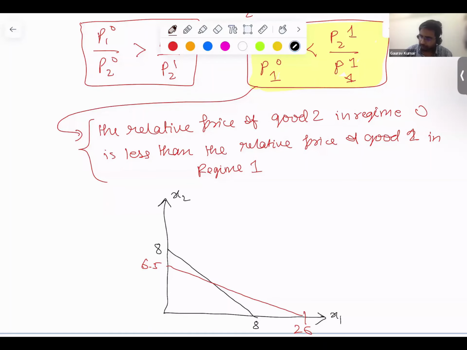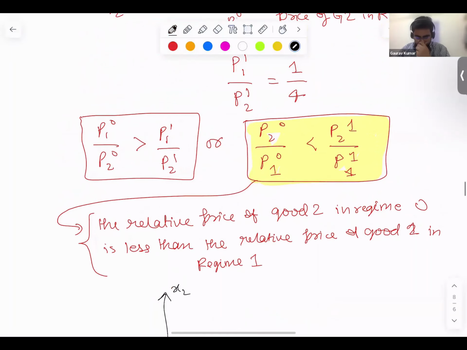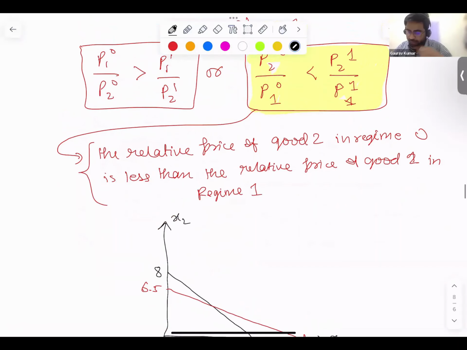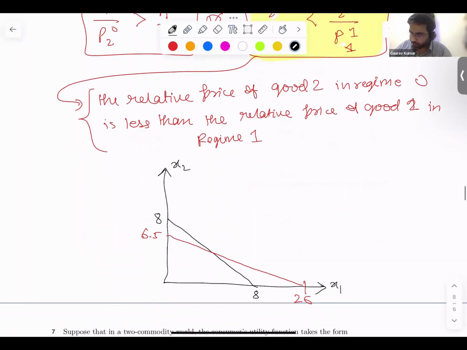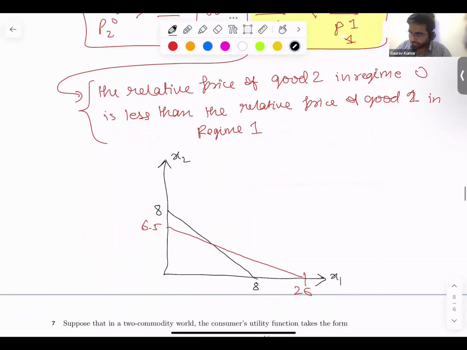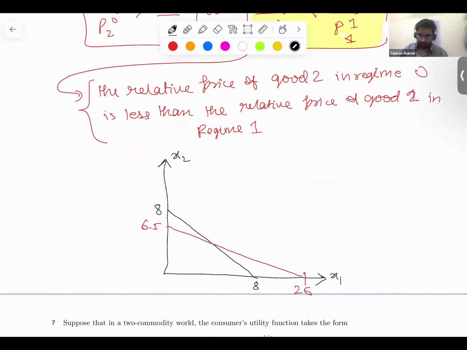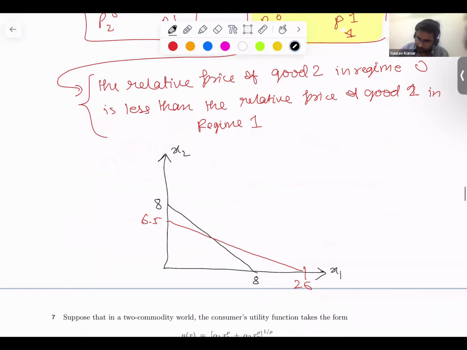Now you see that good 2 is relatively cheaper in the zero regime. The black line represents the zero regime and the red line represents regime 1. So you can conclude that the consumption of good 2 in the zero regime is going to be greater than the consumption of good 2 in regime 1.